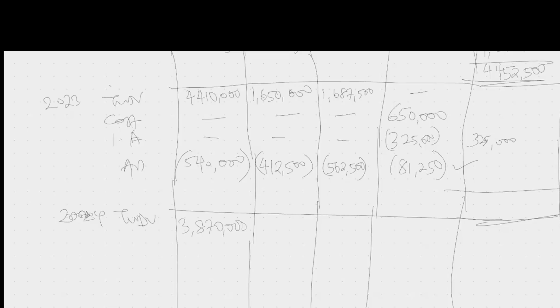Then for the annual allowance, the total. Annual allowance is constant. What do you have? 1 million, 596,250.